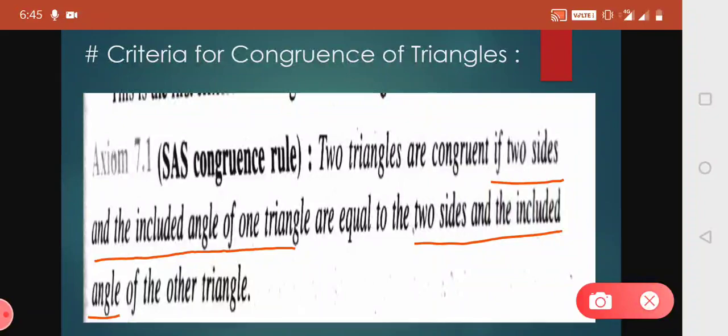So the SAS congruence rule says that two triangles are congruent if two sides and the included angle of one triangle are equal to the two sides and included angle of the other triangle. Let's understand in an example.